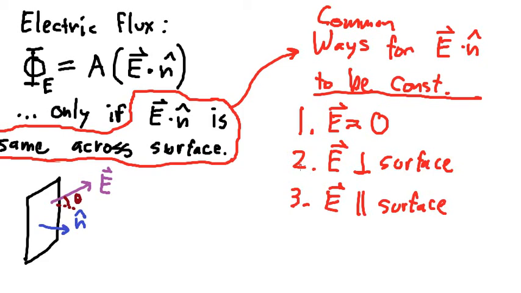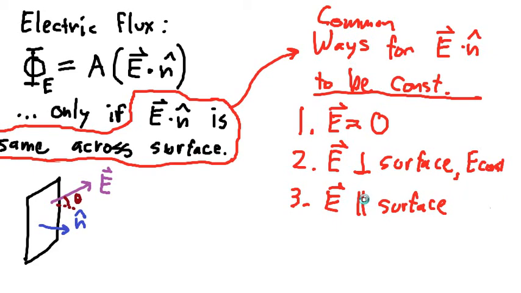I'll call this common ways for E dot n hat to be constant. Okay, I'm going to write this down for reference. One is where the electric field is 0.